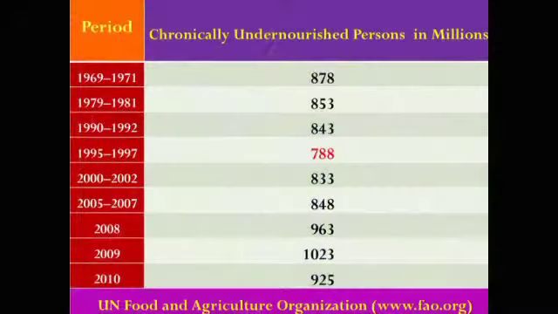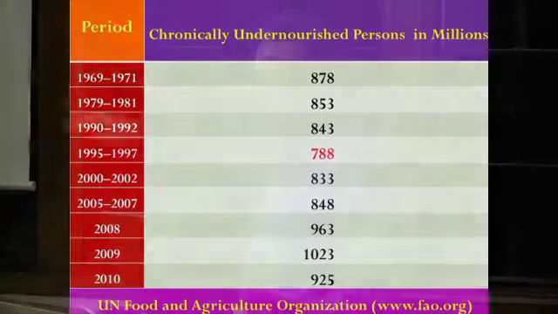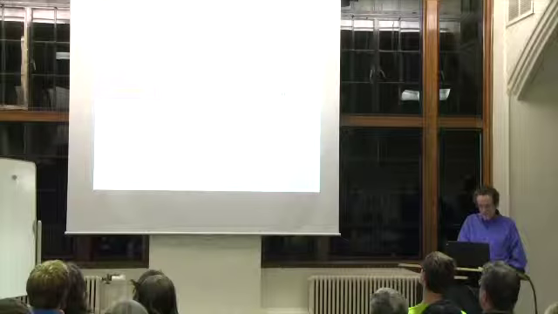Anyway, so you see that at least according to the old methodology, which governed until a few days ago, things didn't go so well, right? 788 was supposed to be halved, and in fact, we never got back down to 788. Things went up, and with the food price spike in 2008, 2009, we broke through the 1 billion mark for the first time in human history, again, according to the old methodology.